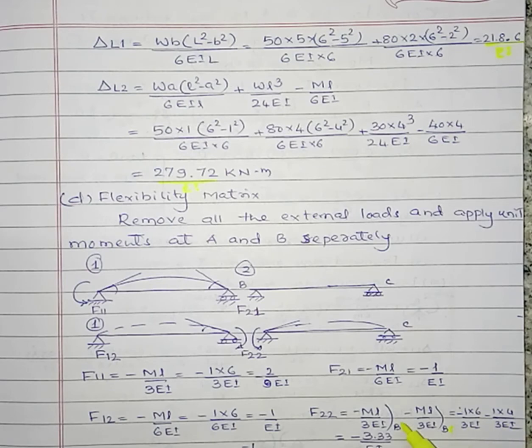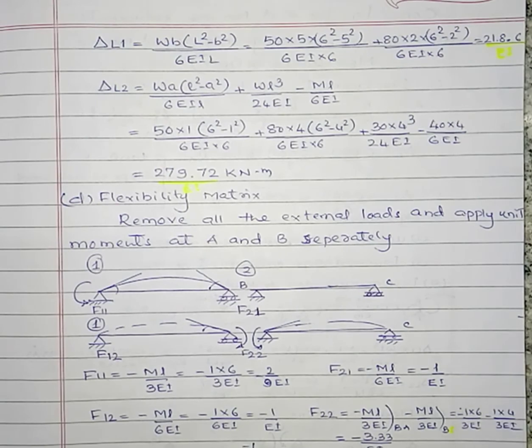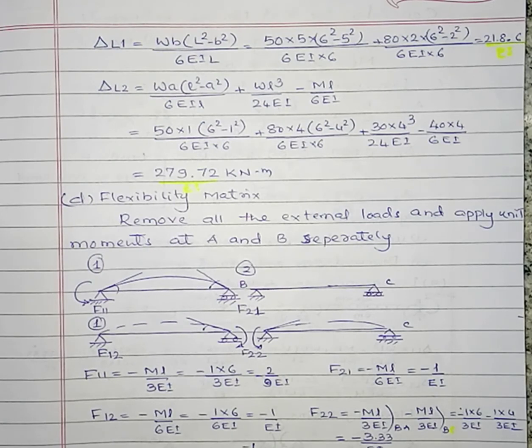Here we apply the principle of superposition to get the total displacement at 2 due to the load applied at 2. That is how we get the flexibility element. We know that the redundants are MA and MB.